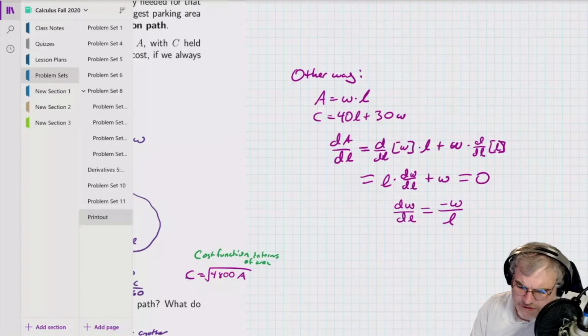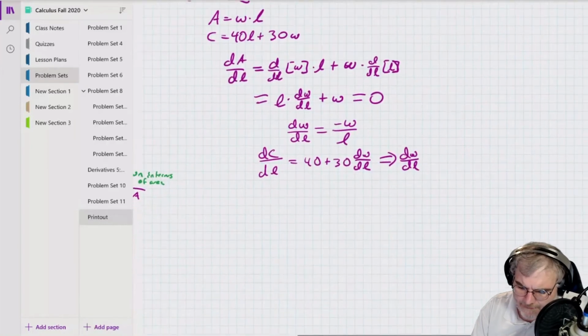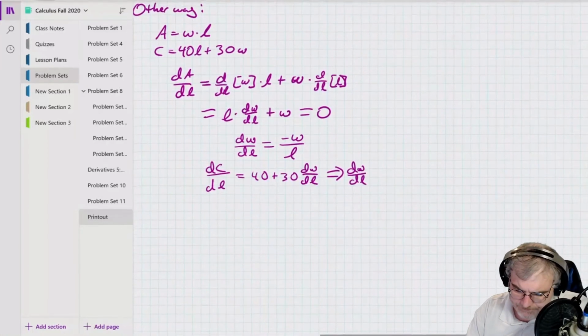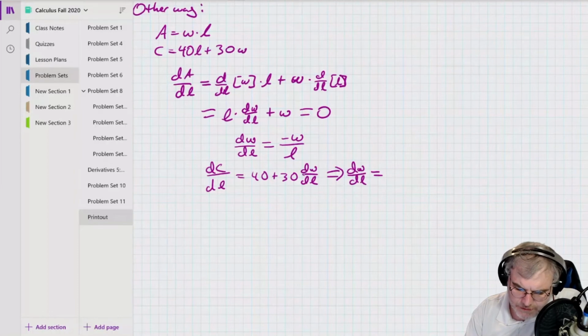Okay. And now I'm going to solve for my constant. So dC, I'm sorry, my cost. So dC over dL equals 40 plus 30 dW over dL, which gives me that dW over dL equals negative 4 over 3.